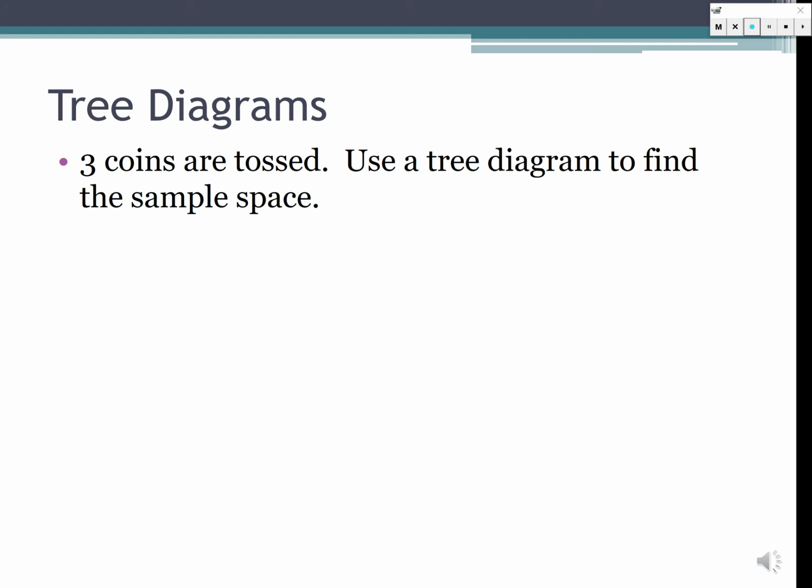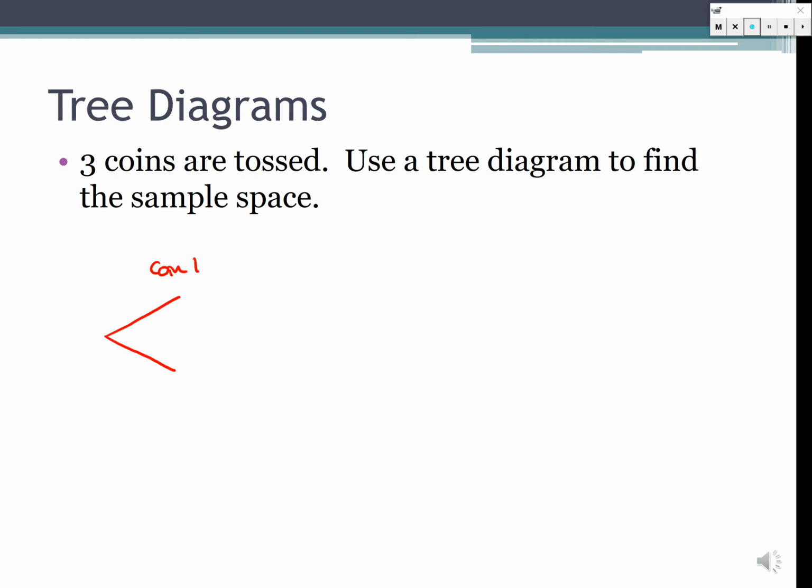So one way for us to get our sample space when we're unsure of what it should be is using what's called a tree diagram. If we're tossing 3 coins, what we need to think about for each event, start our little tree here. The first thing I'm doing is looking at all the possible outcomes for coin 1, or whatever your first event is.